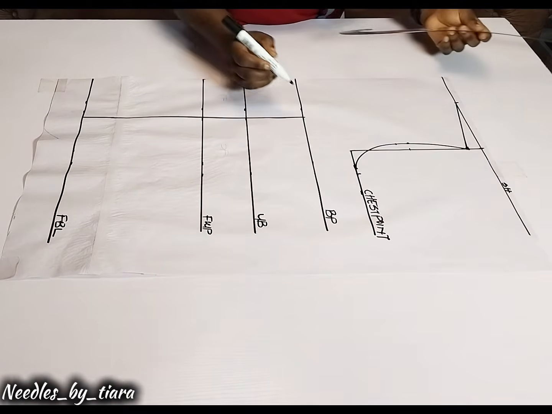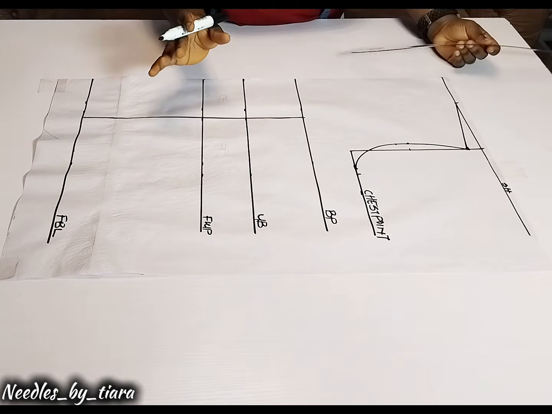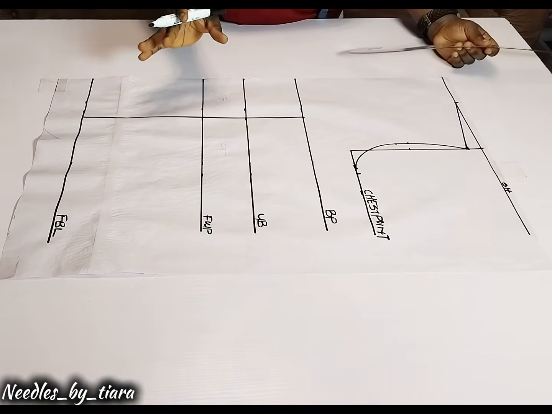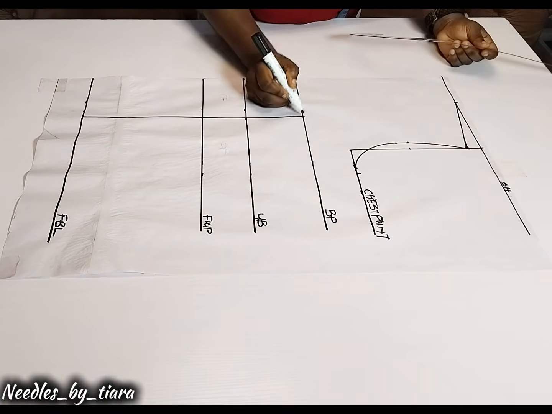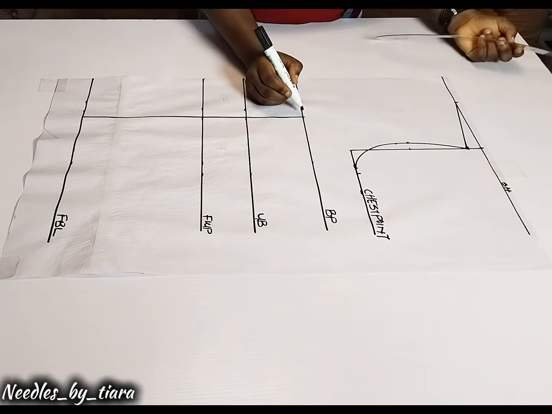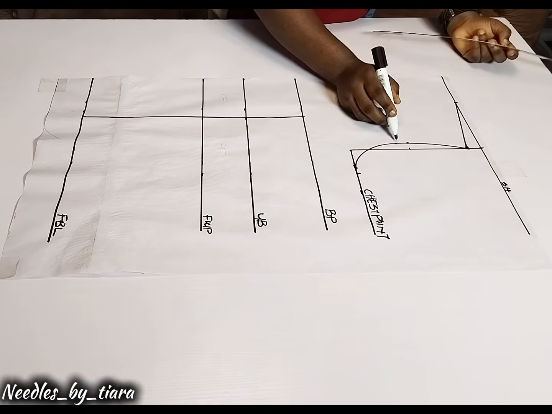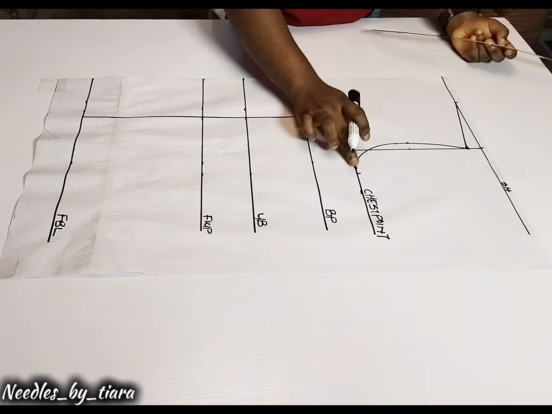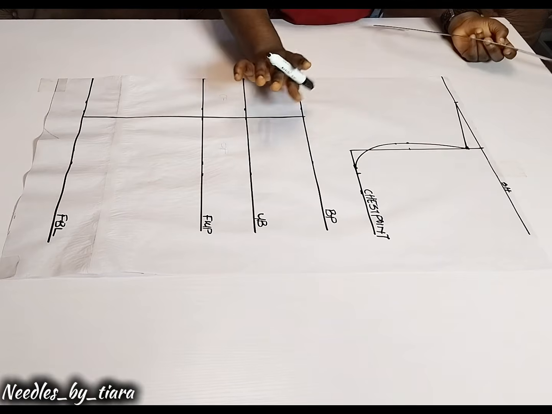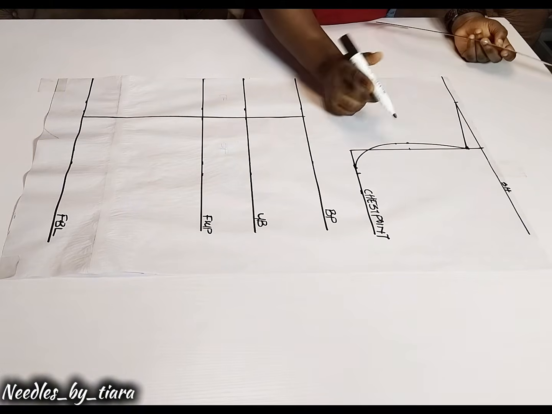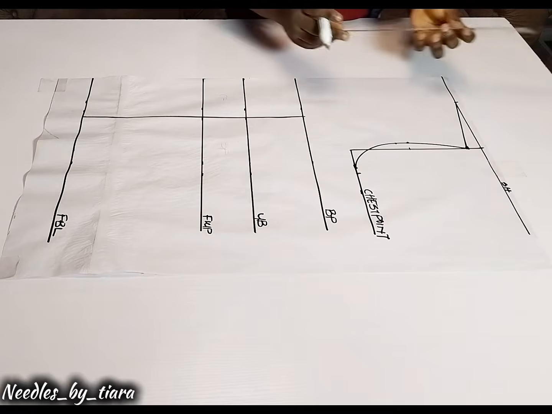Having done that, going with your curve ruler, connecting from your bust point into the midpoint of your armhole curve. So remember at this point we did find the value of the total circumference of our armhole, and we divided it into 2 and chalked down the midpoint of that line, which is this.